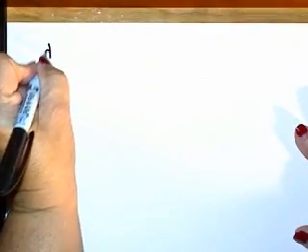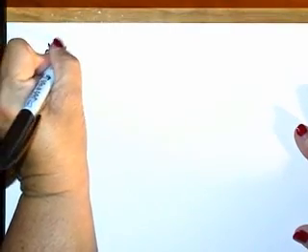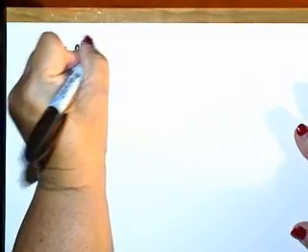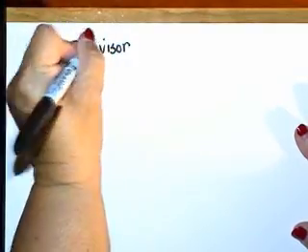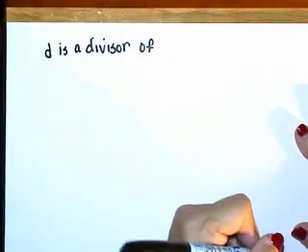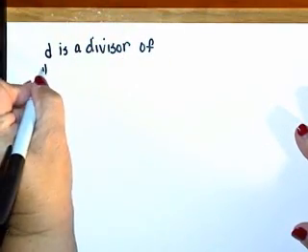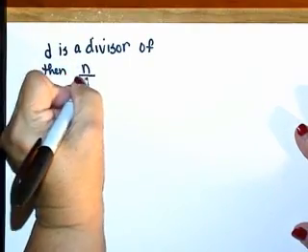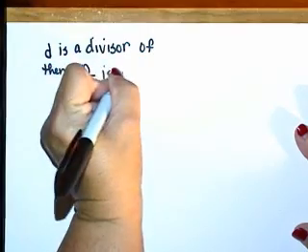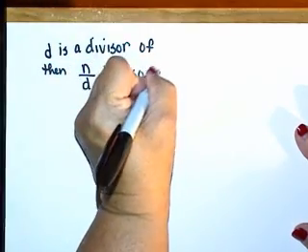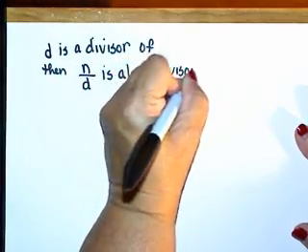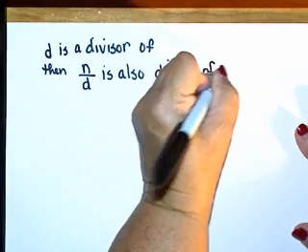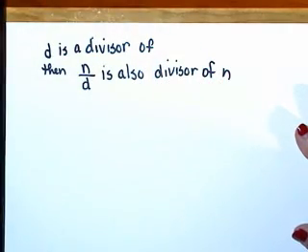Another rule that we know when we talk about divisibility is that if we have a number D that is a divisor of N, then we know that N divided by D is also a divisor of N. So let's do that as an example.